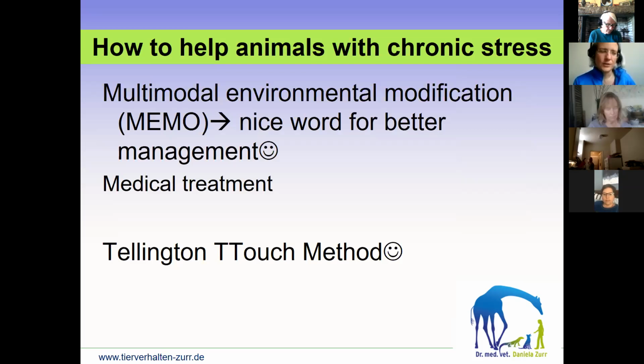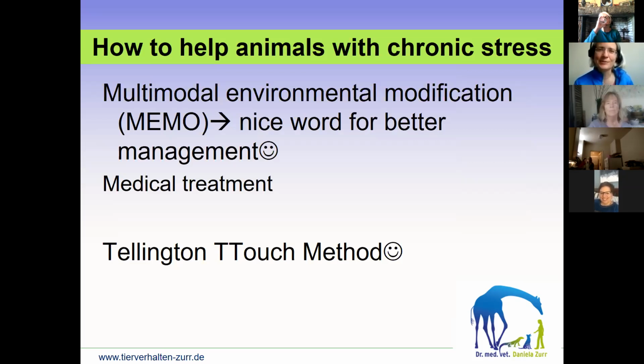So what can we do for these animals? We can change the environment, and there's a technical term that's called multimodal environmental modification. And you don't have to use it, but if you talk to vets, sometimes it might be nice that you know MEMO.